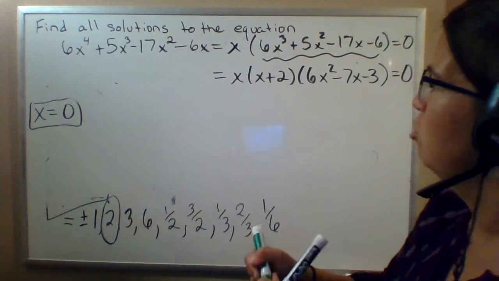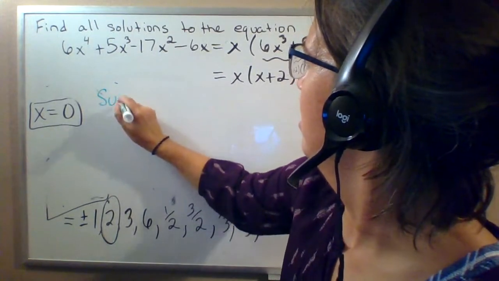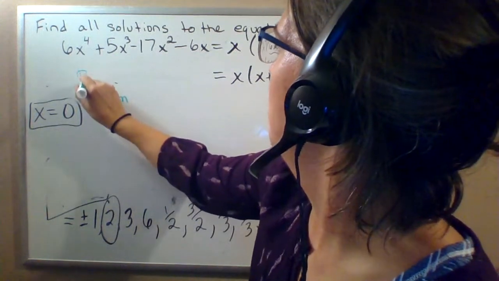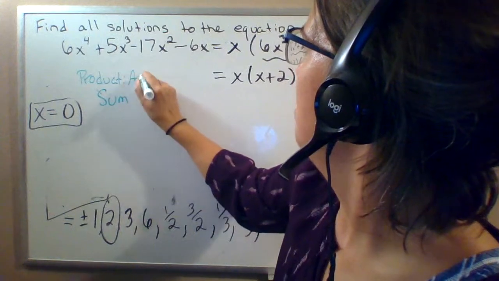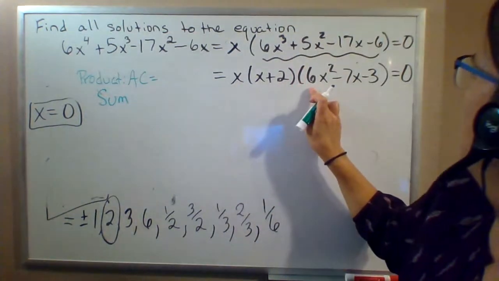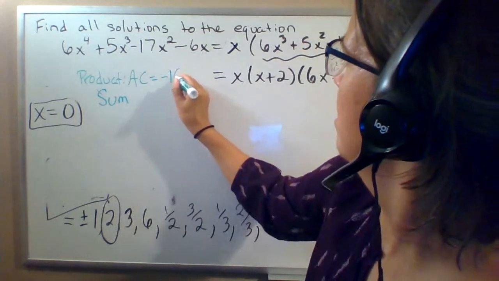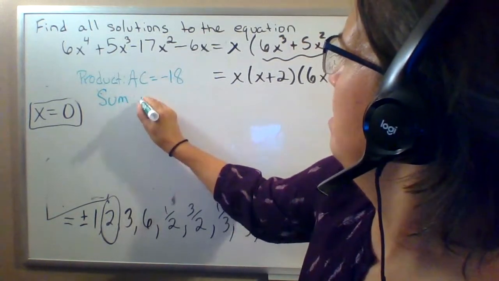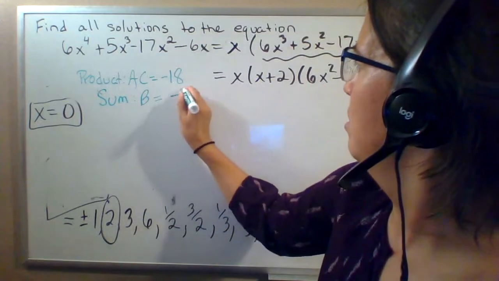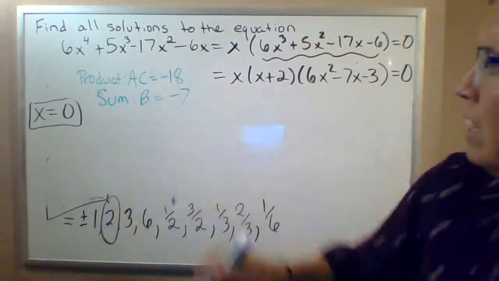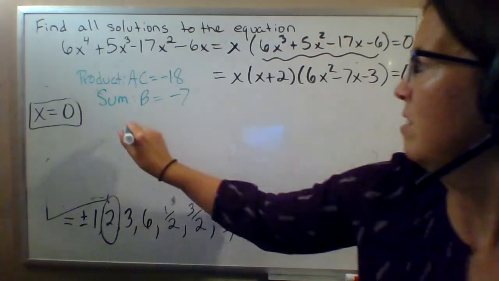So we want to find two numbers whose sum, well, sorry, let's do product first, whose product is a times c, which in this case is 6 times negative 3, so negative 18, and whose sum is b, which is the middle term, so in this case negative 7. So two numbers that multiply to give you negative 18 and add up to negative 7.